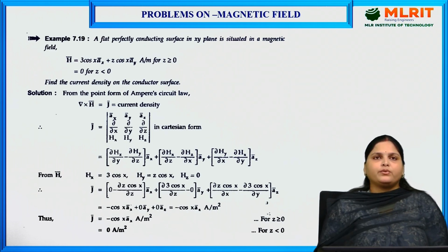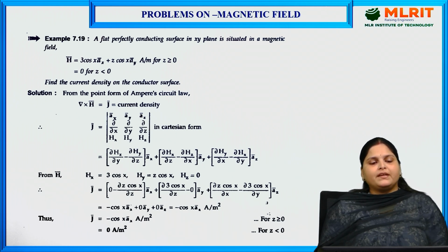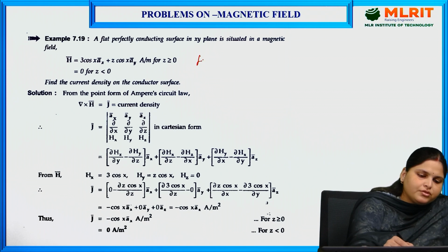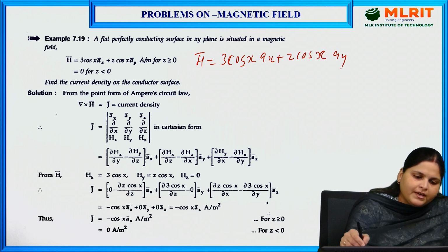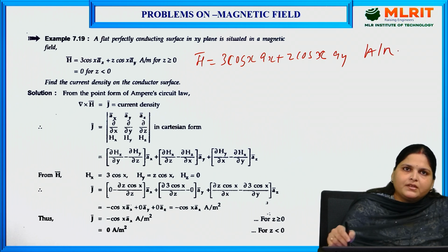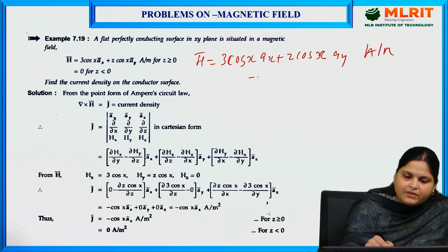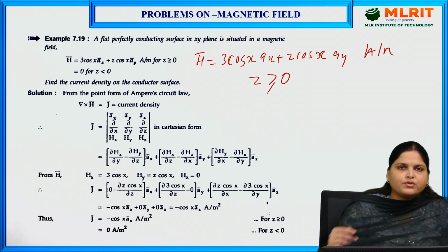Let's take another question. The question is, a flat perfectly conducting surface in the xy plane is situated in a magnetic field, and the magnetic field H is given as 3 cos x ax plus z cos x ay ampere per meter, and this field is given for z greater than or equal to 0.